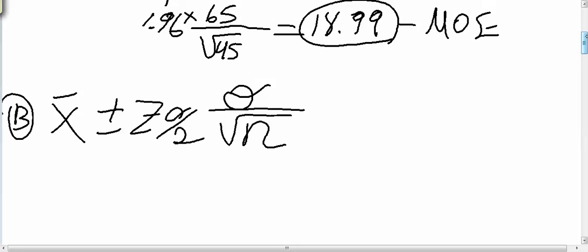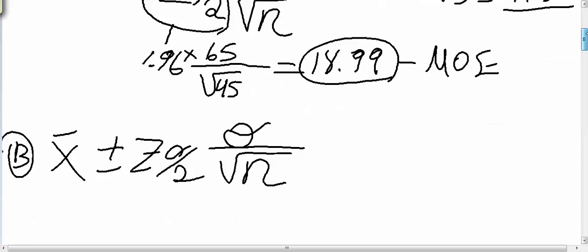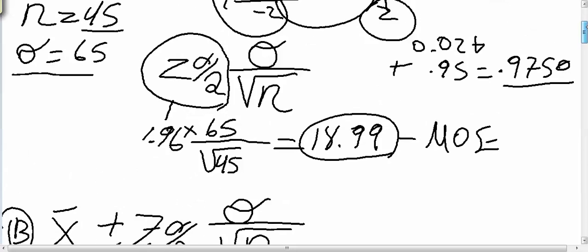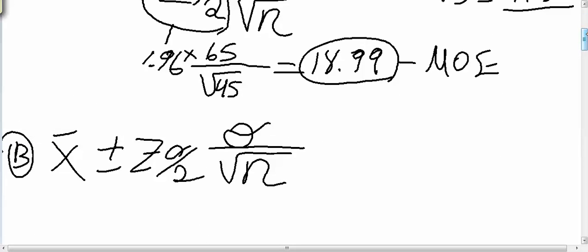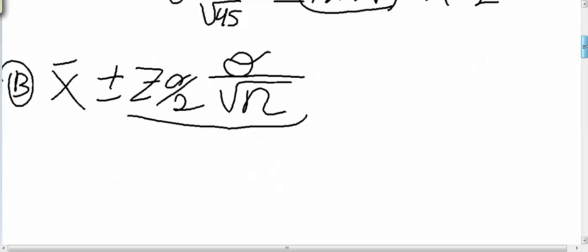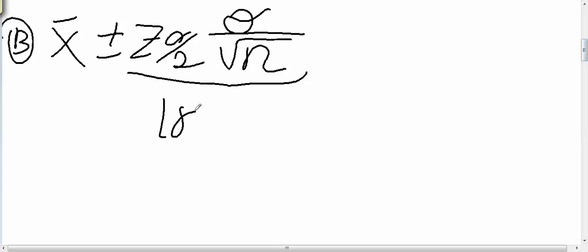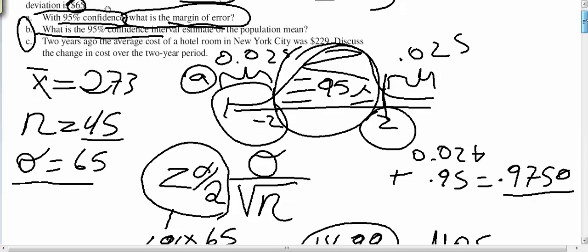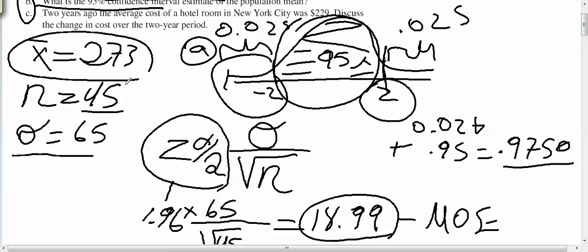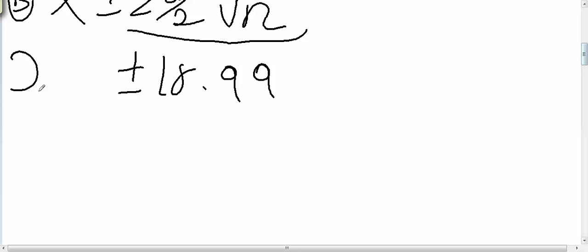If you look at question A, we already have this portion, which is equal to 18.99 plus and minus. If we look up again, we will find the sample mean, the average, which is 273.